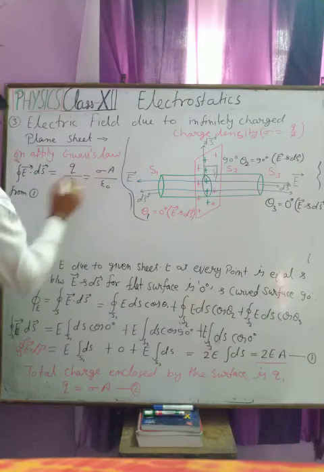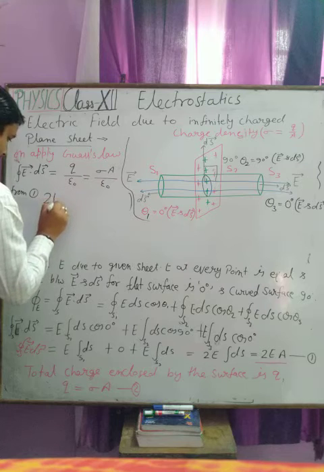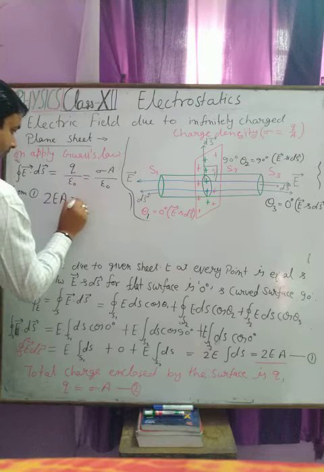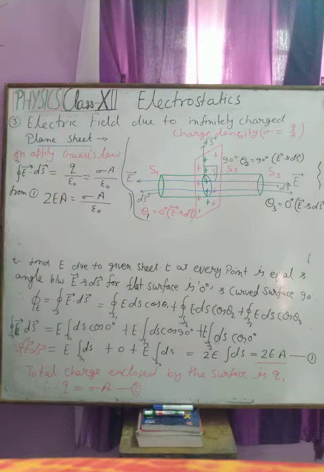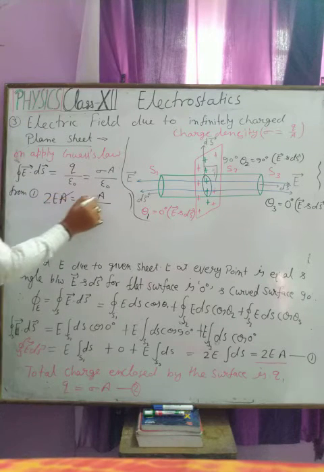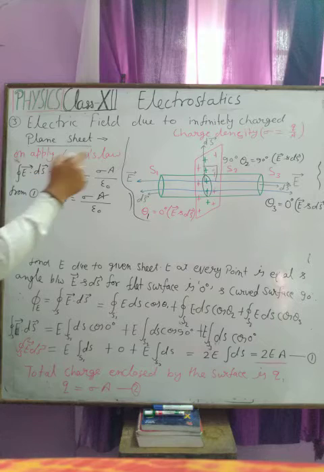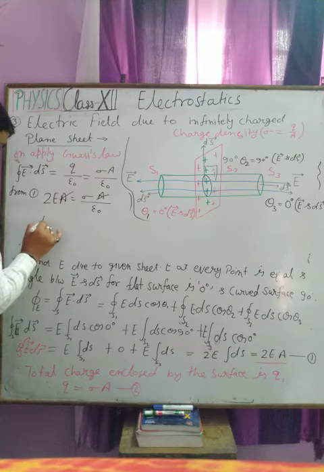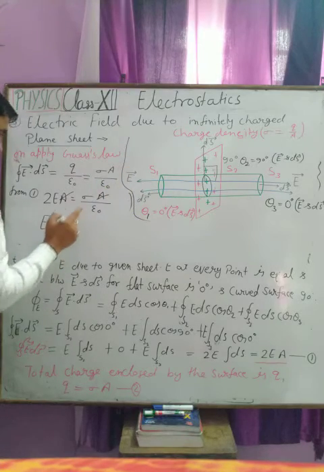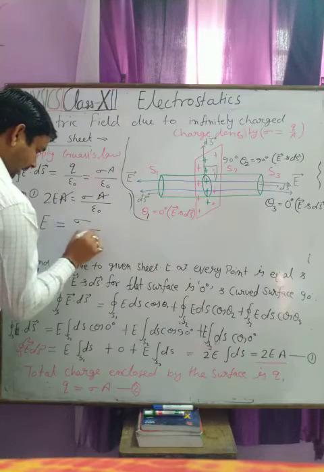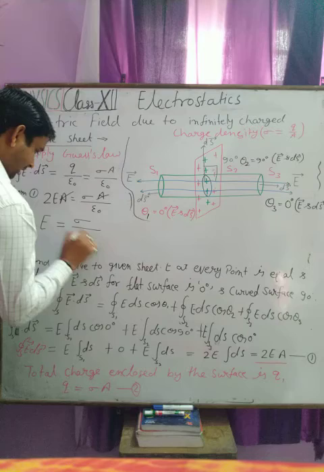So using this value, 2EA is equal to sigma A upon epsilon naught. So students, here this A cancels this A because it is the same surface. So we get the electric field due to the infinitely charged plane sheet as sigma upon 2 epsilon naught.